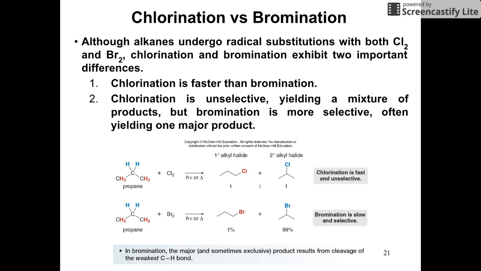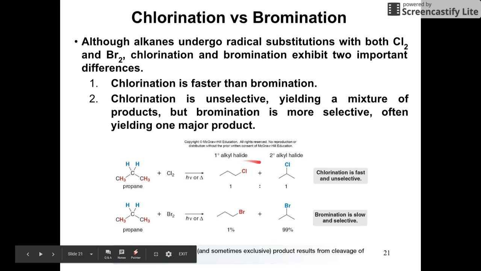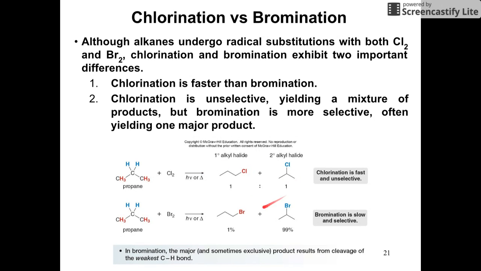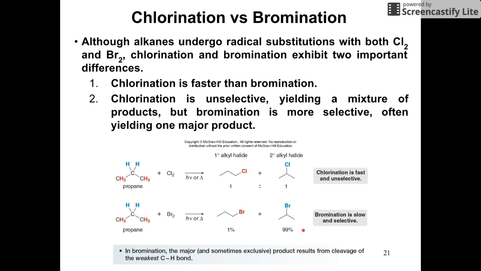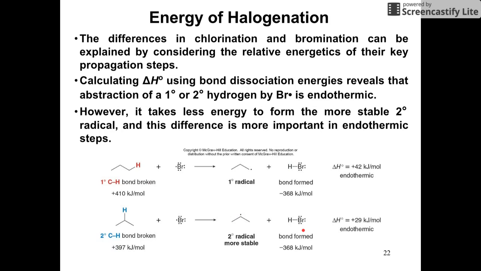As you can see here, we just talked about this 1-to-1 ratio with chlorination. It's not selective. But if we took the same propane and reacted it with bromine, we would get way more secondary bromine. It's 99% to 1%. And so it's much more selective, but it is slower. We're going to talk a little bit about why that selectivity takes place. It has to do with the energetics.